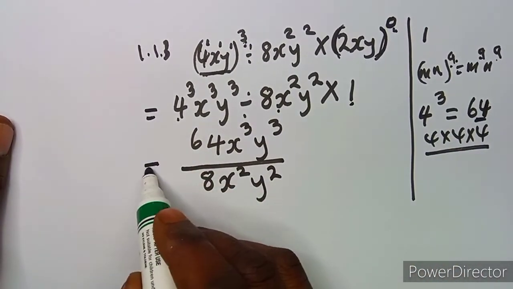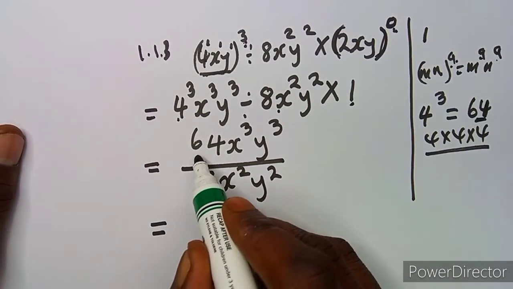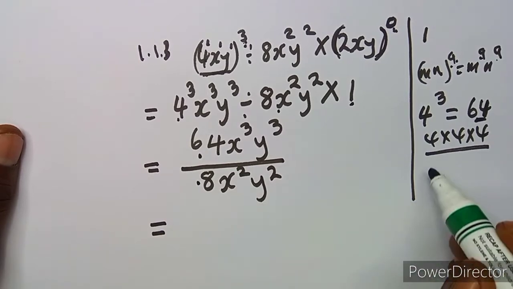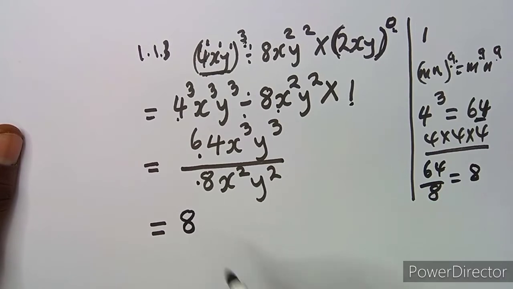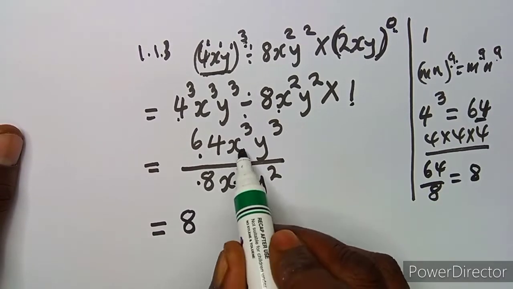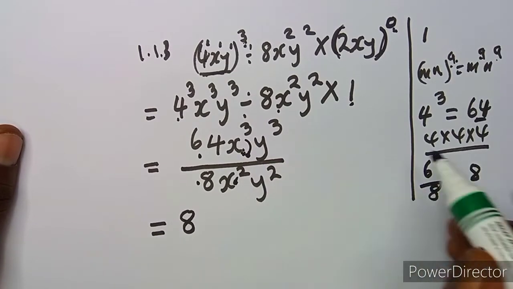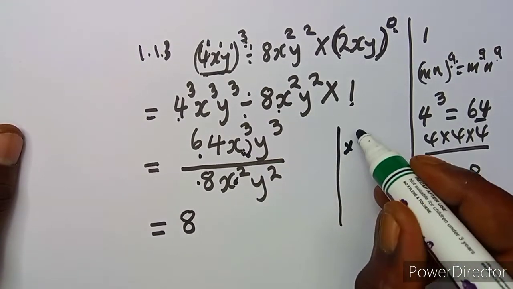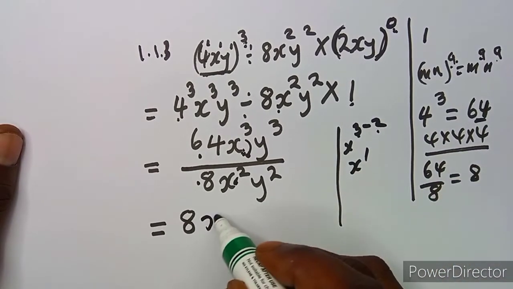All right, now let's see what you're having at this stage. You can divide from your calculator. 64 divided by 8 is going to give us 8. Then here you are dividing, the bases are the same, so you can subtract the exponents. So it's x to the exponent of 3 minus 2. 3 minus 2 is 1, which is same as x.